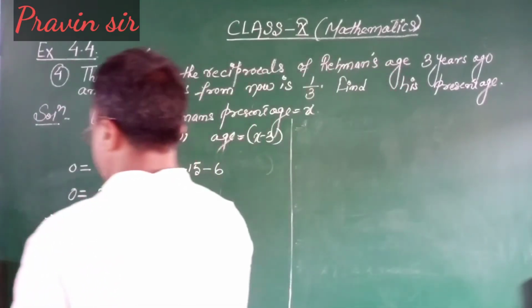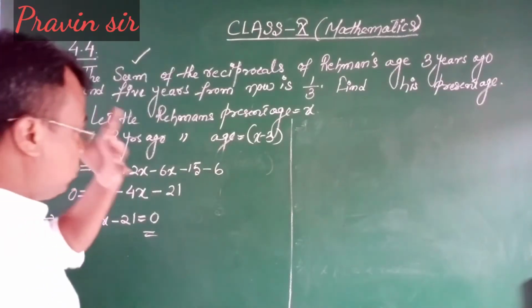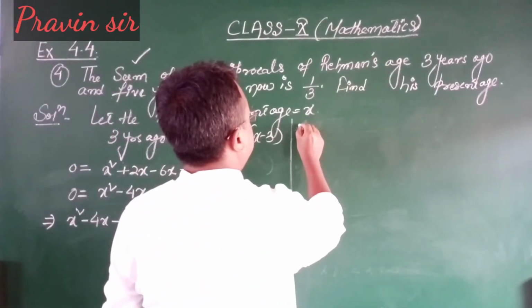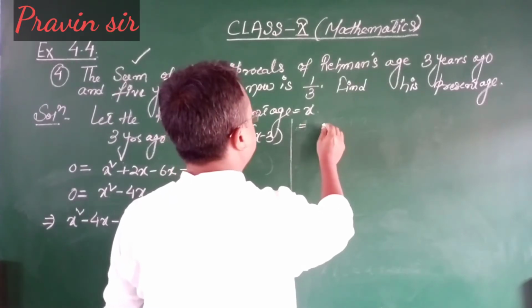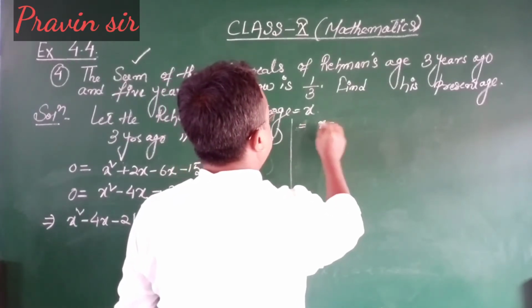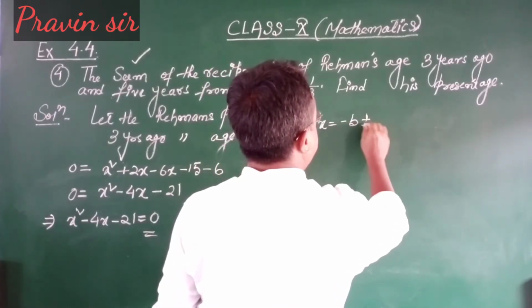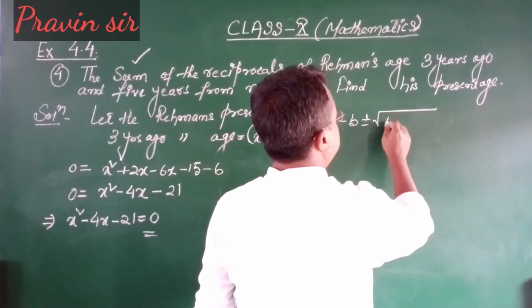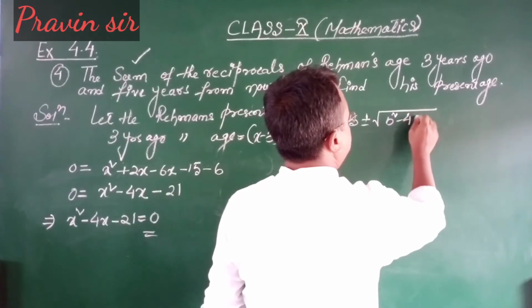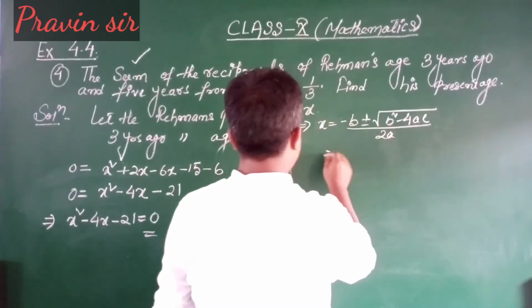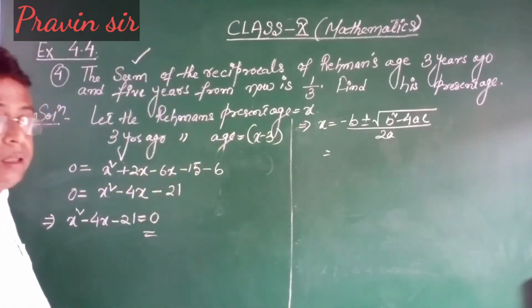So let us try to solve this question by using quadratic formula. Alright? So x is equal to minus b plus minus root over b square minus 4ac, divided by 2a. So minus b, b is what here? 4.